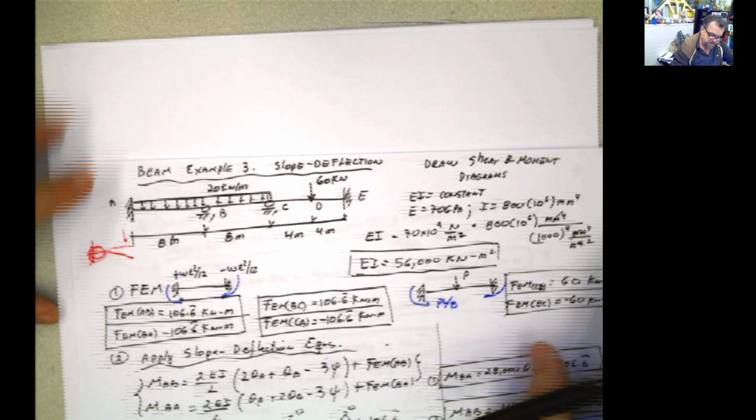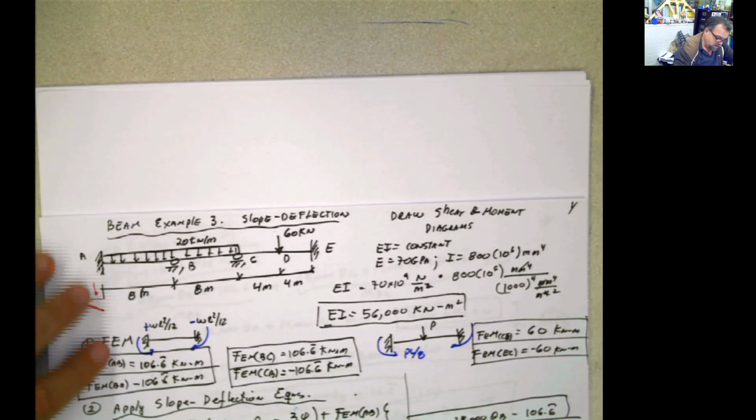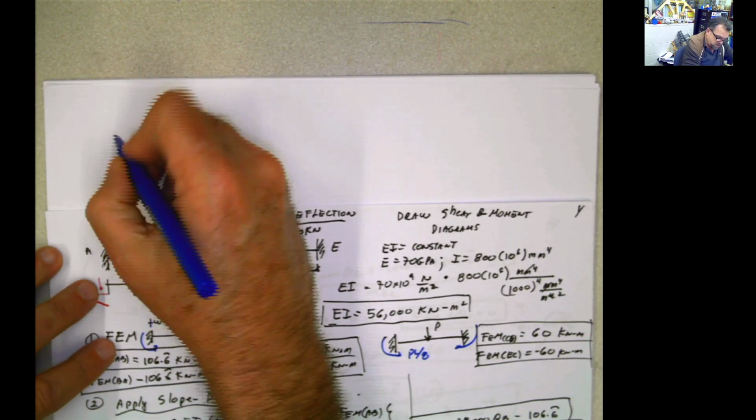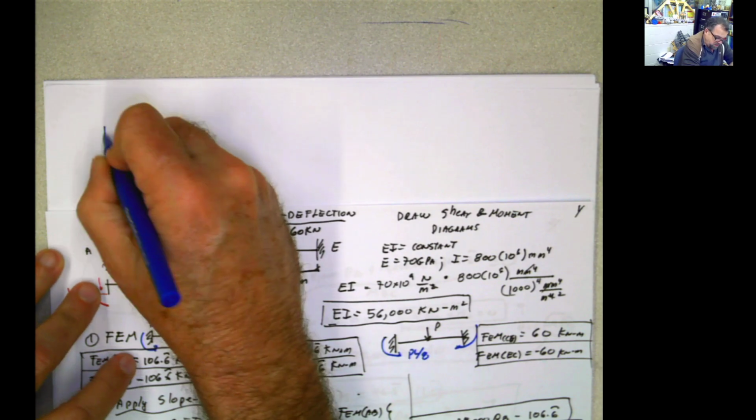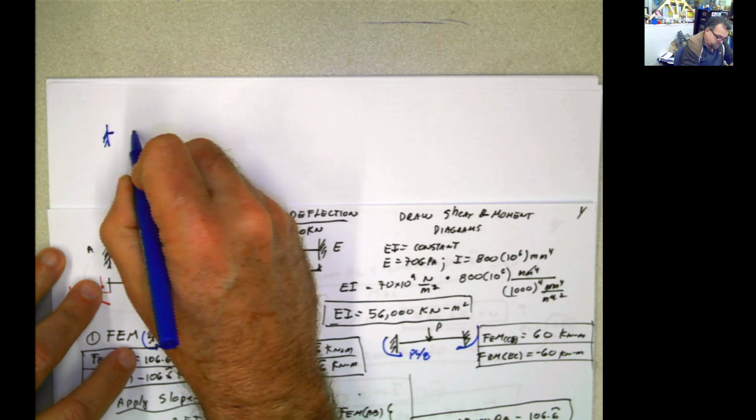Now after you have all of those moments, I'm going to copy this beam again, and I'm going to make a cut of that beam. This is A, and then I'm going to put the span here.